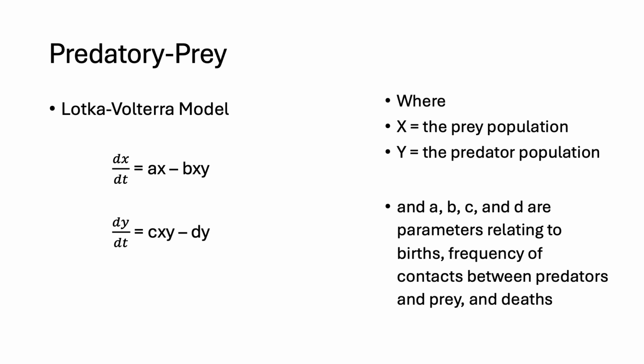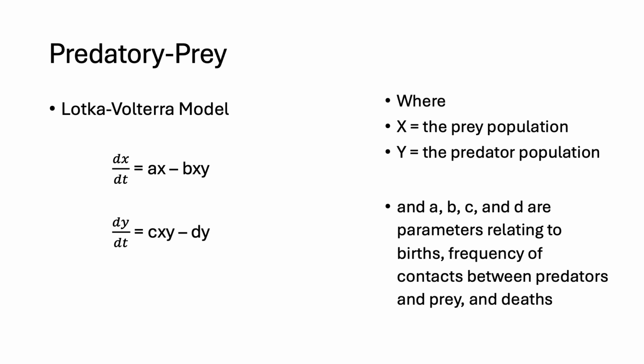On the other hand, the BXY, the Y is the predators, and the predators actually have to be part of the calculation to figure out how many prey are being eaten. And from this, we should be able to start building a simulation model that will run and generate predator-prey dynamics of oscillation.